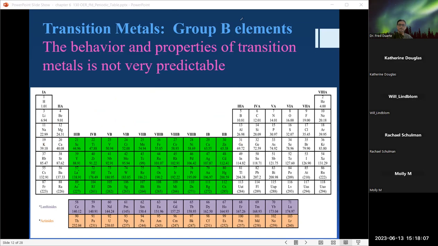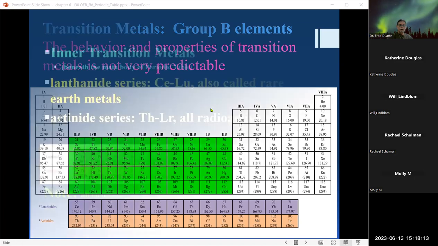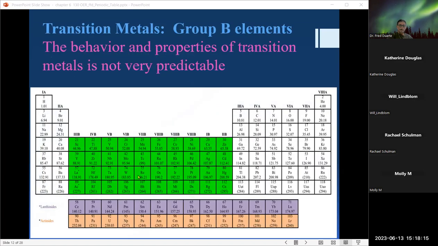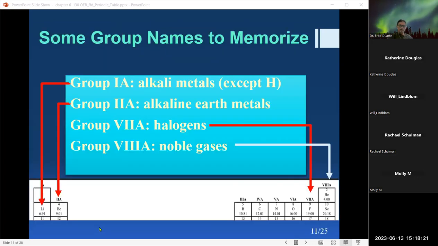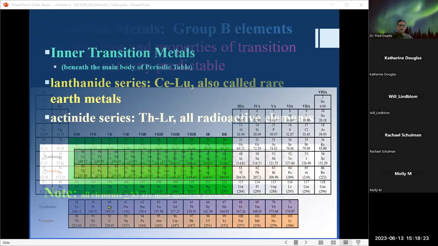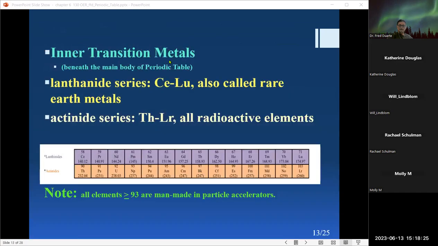All right, let's go on. Now, transition metals are in green. The ones in gray, and I guess that's orange color, have a general name of inner transition metals, but more specifically, they have a more specific series name.